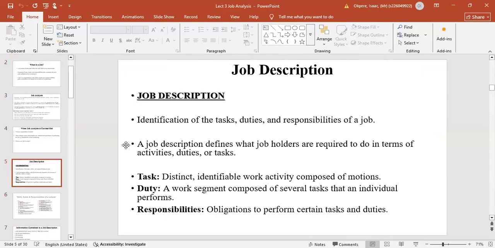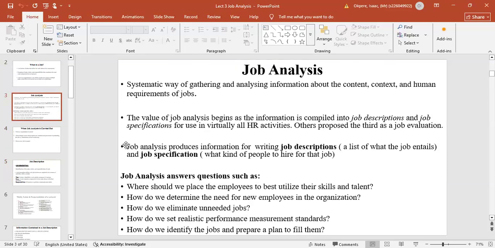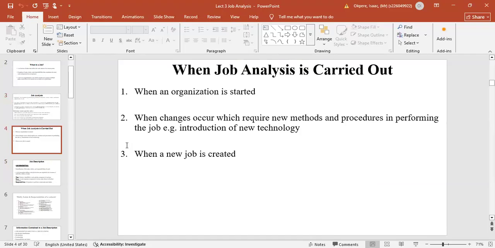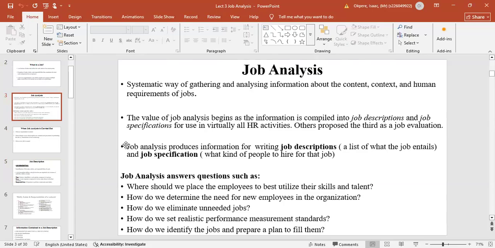Job descriptions, let's know what they are. Job descriptions are also the same as job responsibilities. When we talk about job descriptions, they are the responsibilities that you are to perform on the job.